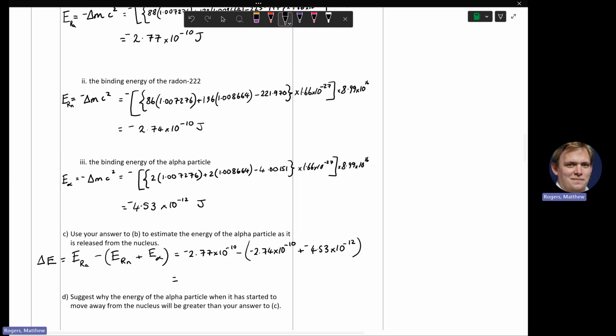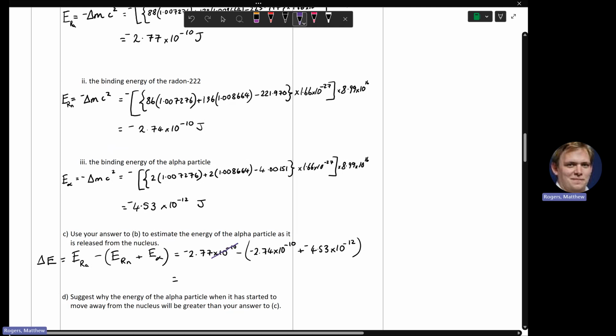If we got rid of all the powers of 10, we'd make our lives easier. So I'm going to change that one to a 2, and this is all times 10 to the minus 10 then.